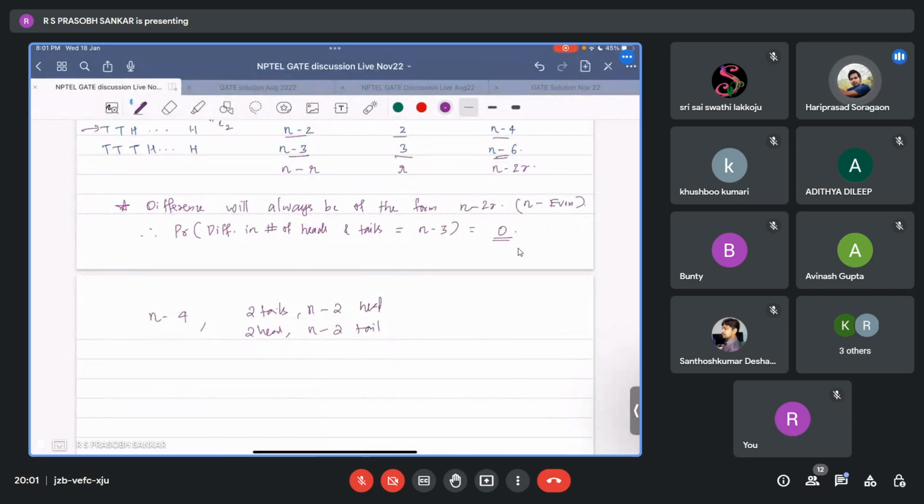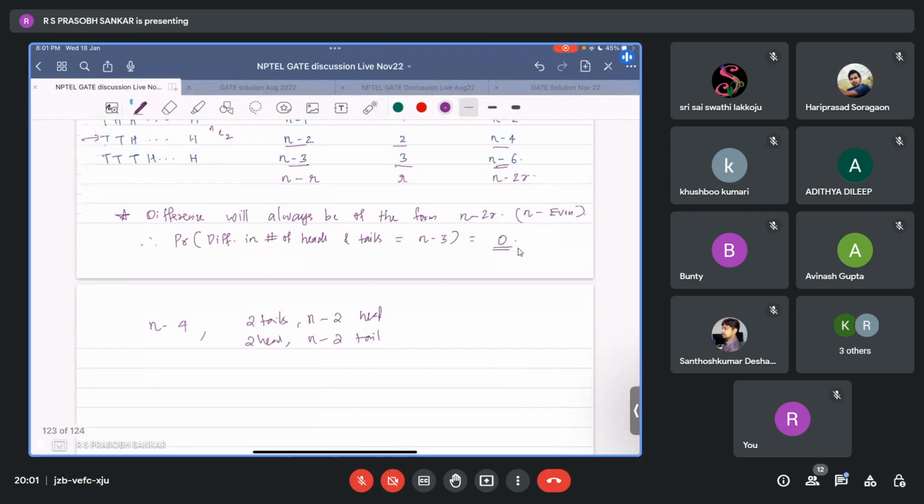Hello, still audible now? Yes, sir. So here we need to first find the probability that we get two tails and n minus 2 heads.